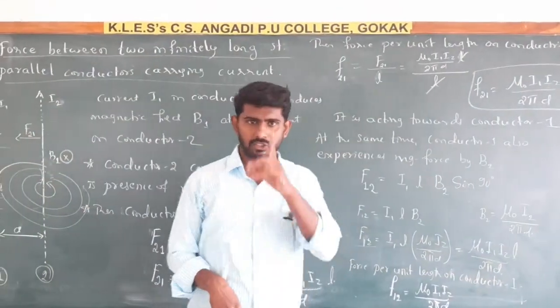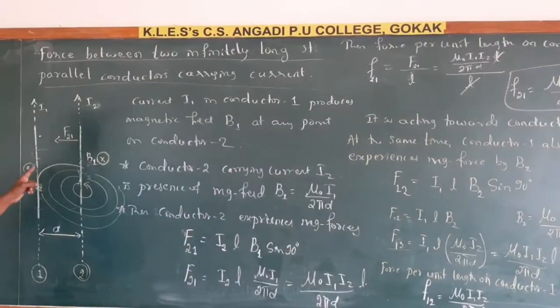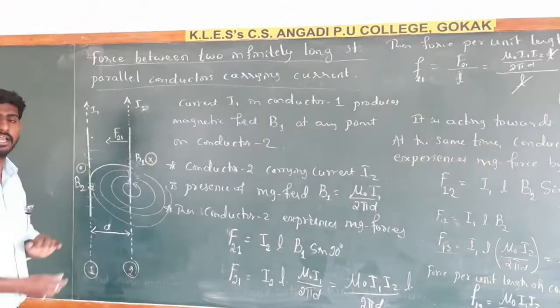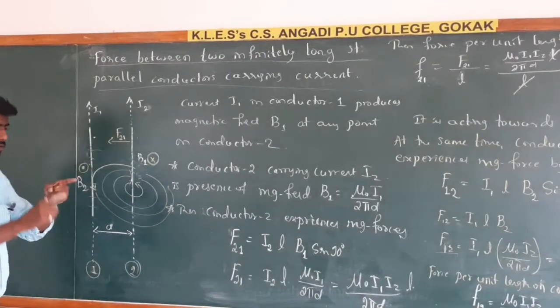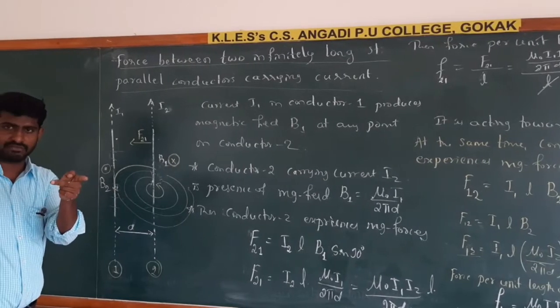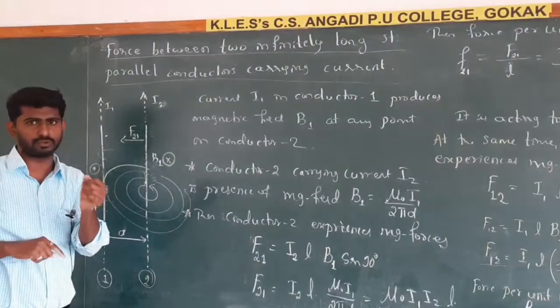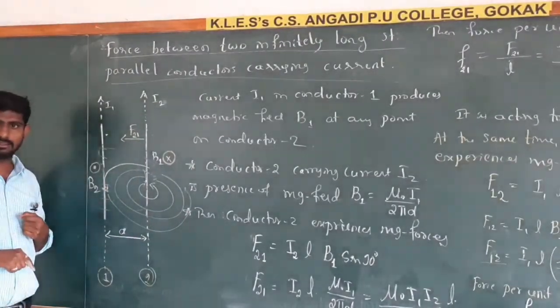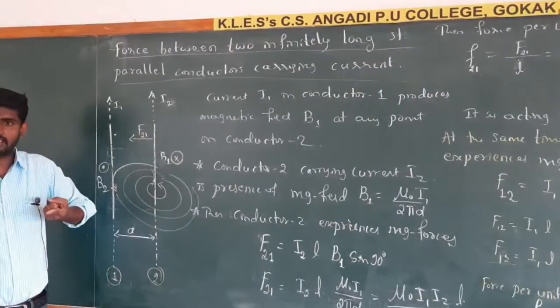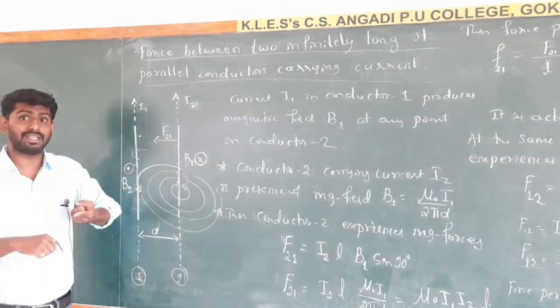And what about the direction of the force on the first conductor? Pay attention here. Again use Fleming's left hand rule. Four fingers direction of magnetic field, middle finger direction of current and thumb direction of force. How is the field? The field is outward. See my finger. The field is in the outward direction. What about the current?